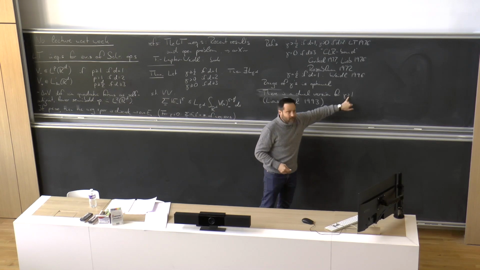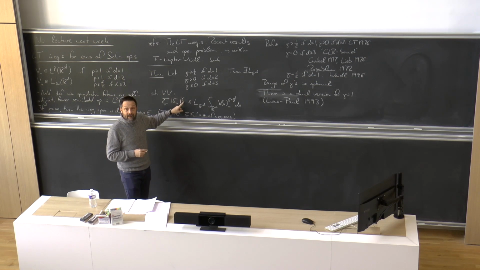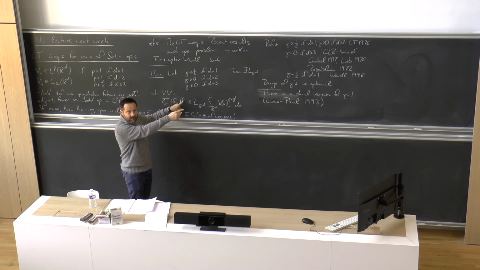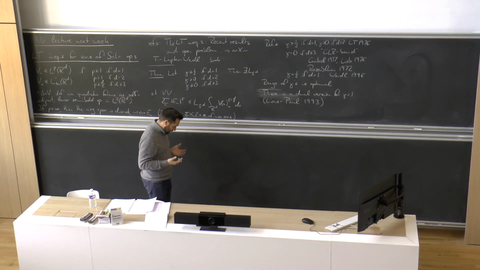When you go below gamma equal to 1, what's special about gamma equal to 1? That's where convexity breaks down, right? This thing is a convex function of the eigenvalues whenever gamma is greater or equal than 1. So this duality is sort of a convexity argument, and it is sort of that convexity that you need.